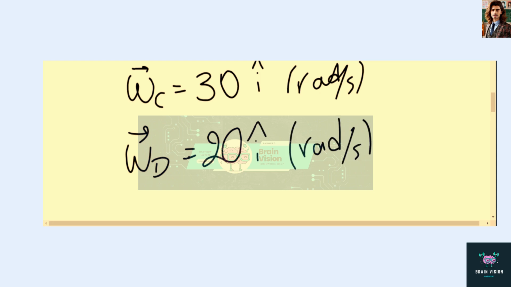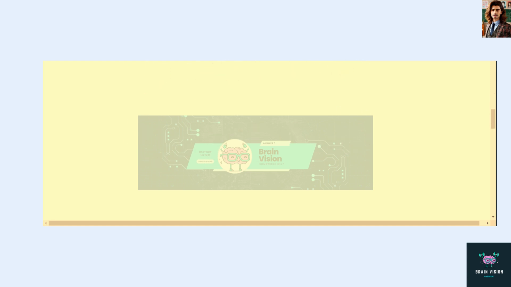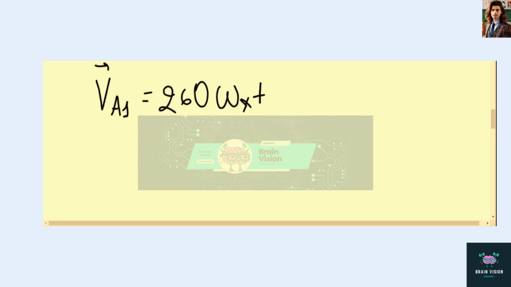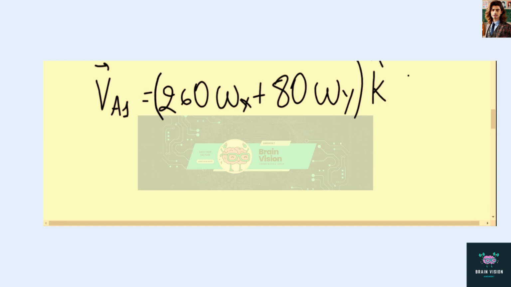Omega D equals, in radians per second. And if someone does the calculations, I'm going to skip the calculations. Given these values, the linear velocity of point 1 at the rim of gear A is 260 times the x component of the common angular velocity, 80 y, in millimeters per second, and I did this using a determinant.